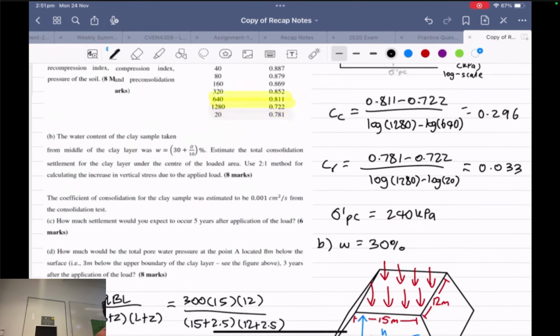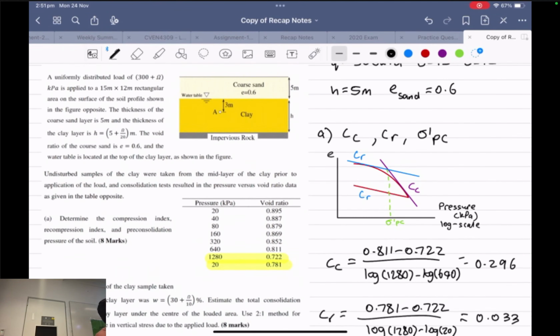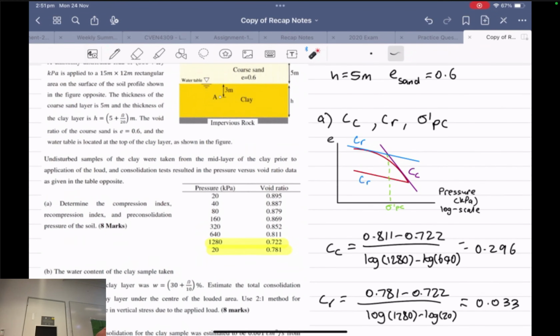Exactly, yeah, E equals W GS, right? Because we know the clay is saturated, so we know that SR is equal to 1. And we're given the water content of the clay, which is 0.3, 30%.